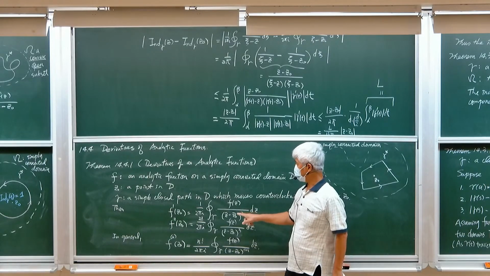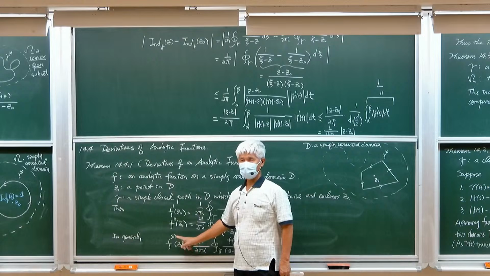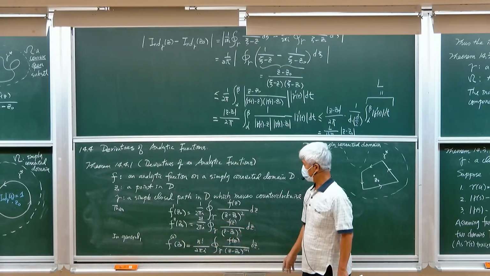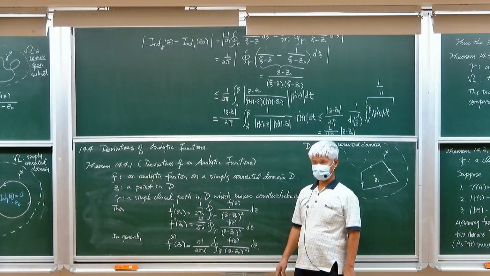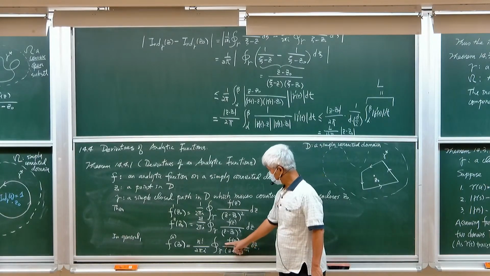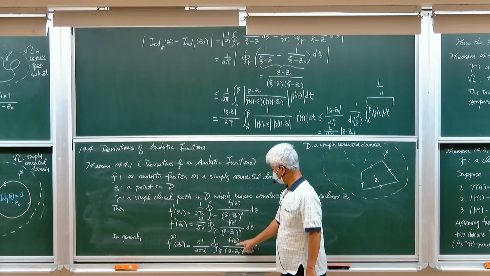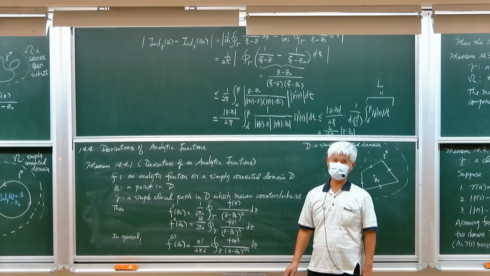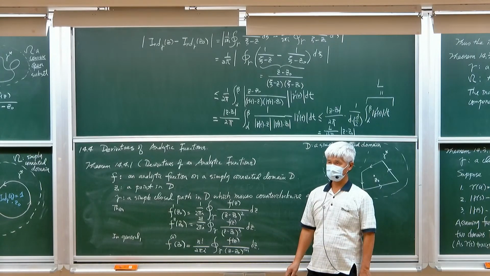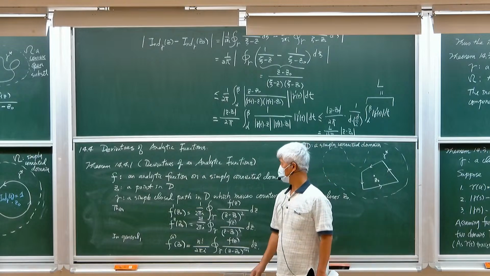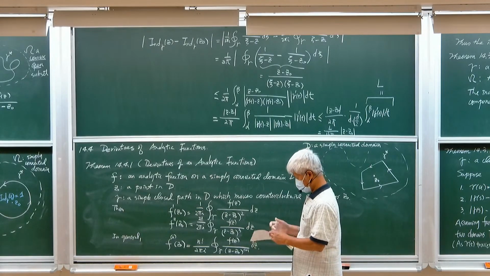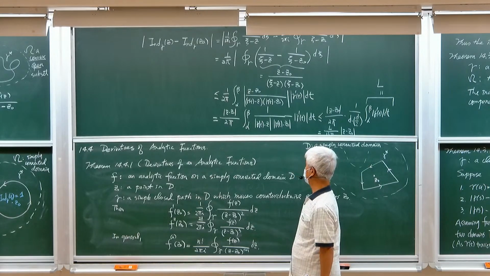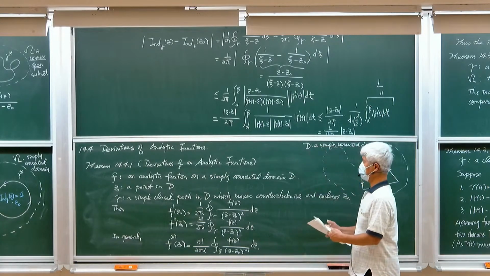And in general, we have the nth derivative, and also this nth derivative can be evaluated by a line integral. And the integrand here is f(z) divided by the (n plus 1)th power of the difference between z and z0.